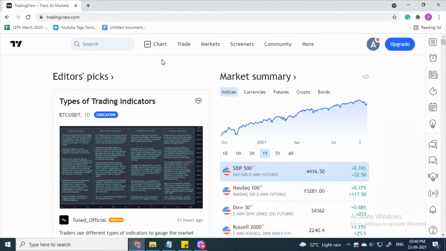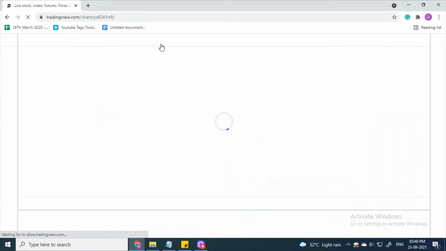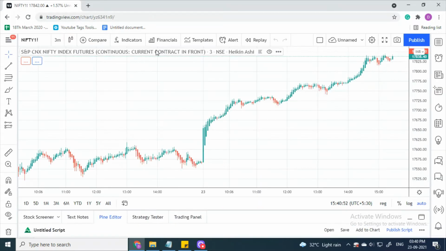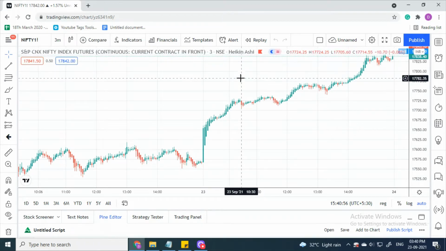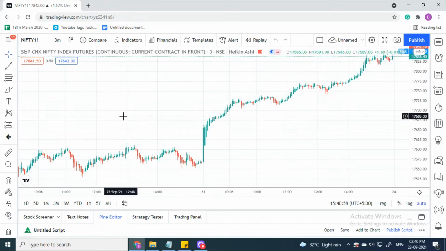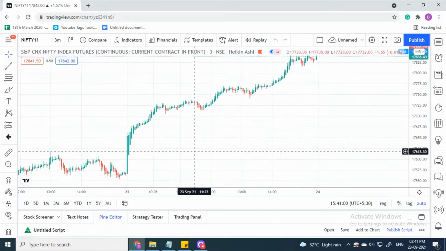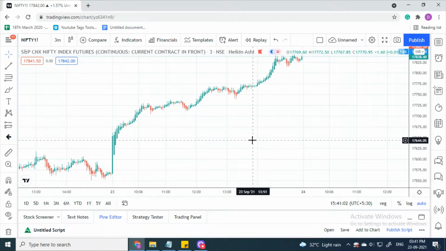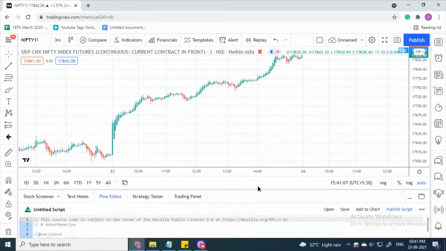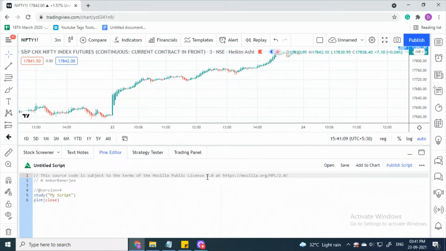Then go to the chart section. Once you have gone to the chart section, just lift up the screen and you will see something called Pine Editor.